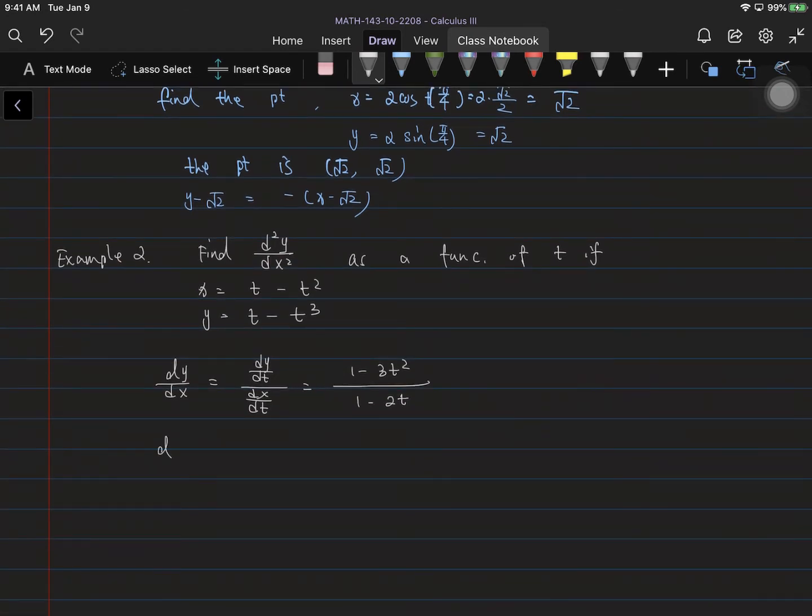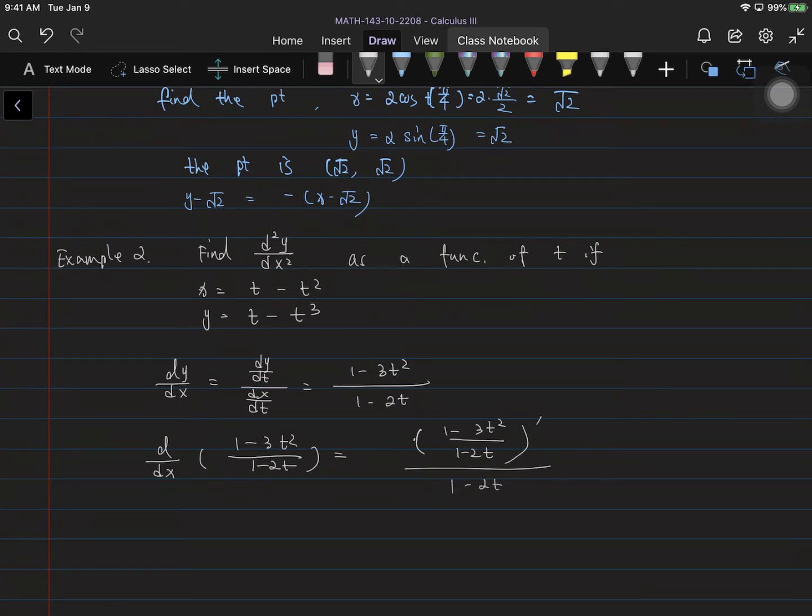Now we are going to do the same to another derivative, treating this as our new y, and the dx. So use the formula, which is going to be just the derivative of the top function, over dx dt, right?